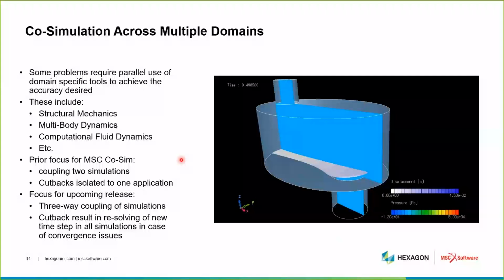So when the CoSim is released, the Marc team needs to stay compatible and make sure that our product is working well with that. And for this most recent release for CoSim, they introduced 3-way coupling, and the cutbacks are done arguably in a way which is the correct way, which is that if one of the codes involved has to cut back, then all of the codes go back and resolve at that time level.